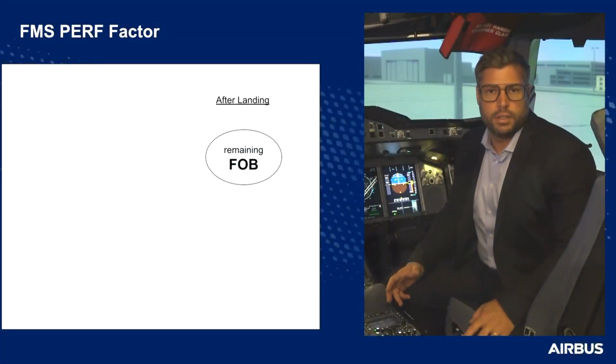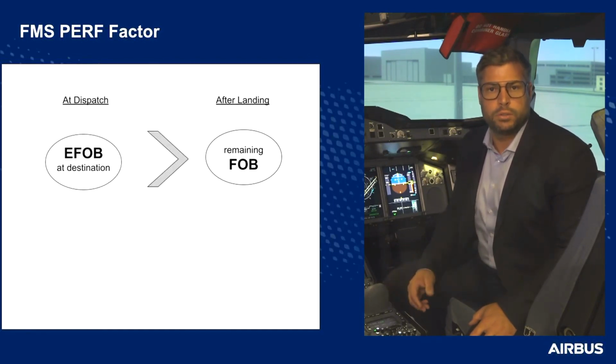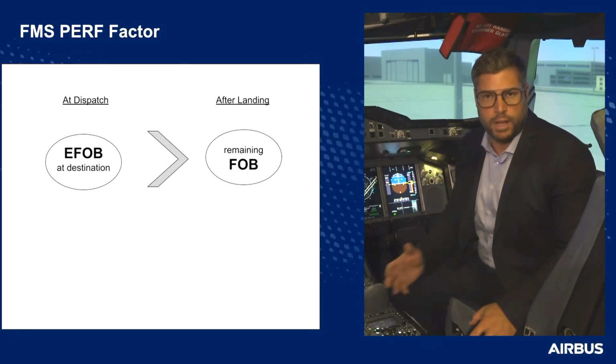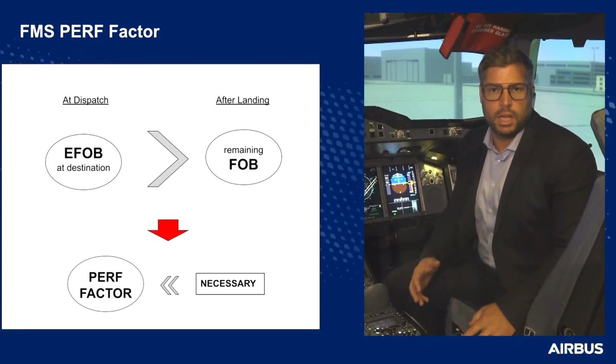On the contrary, after landing, if you observe that your remaining fuel on board is less than the value you took note of, although you followed the FMS flight path all along the flight, this means that the PERF factor in the FMS is smaller than necessary.